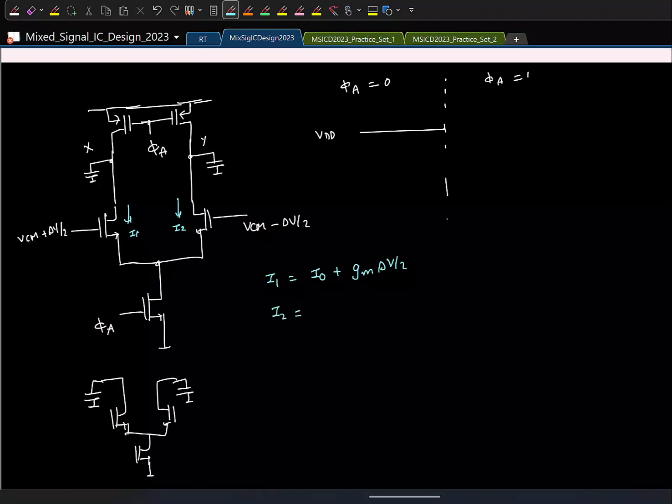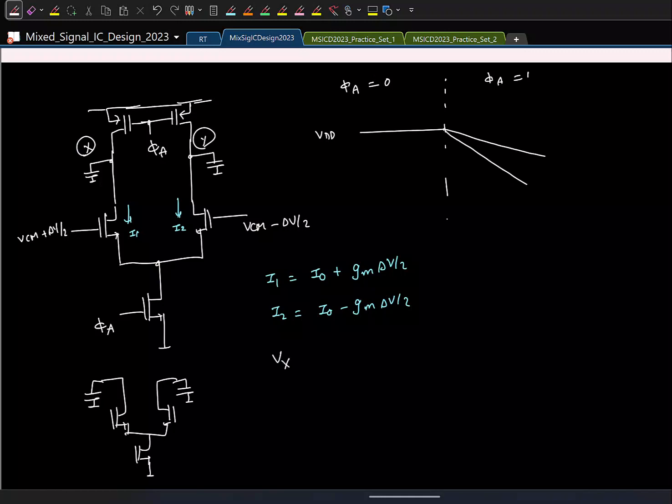What about I2? We basically assume that delta V is constant, so this current is also constant. We are pulling constant current out of these two capacitors. What will happen? They'll drop linearly, and which will drop faster? This is X, Y. X will drop faster, so one will do this, the other will do this.